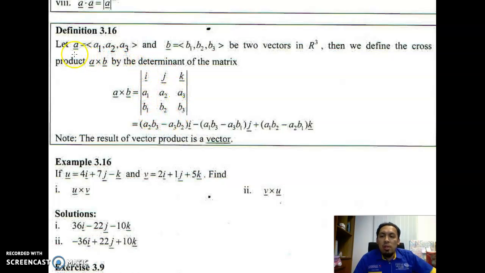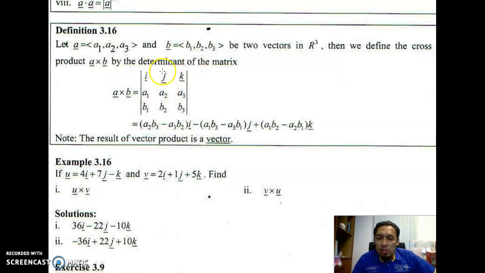Let's say we have two vectors, A and B. If we want to conduct a cross product between those two vectors, this is how you arrange it. First, we set up the components i, j, k as the first row, and then the second and third rows will be the values of vector A and vector B respectively.